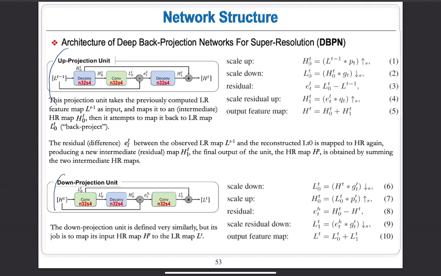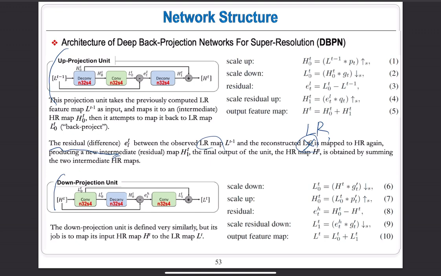The difference or residual between the input error and the reconstructed error is projected again to HR, which helps recover the missed details.